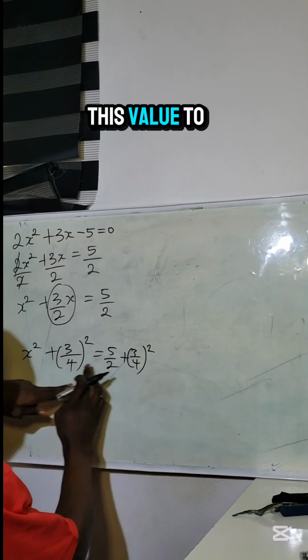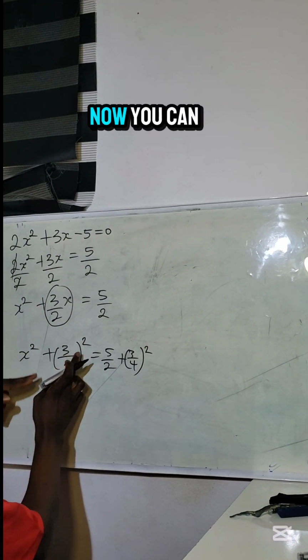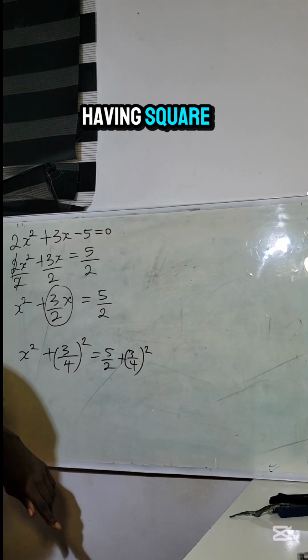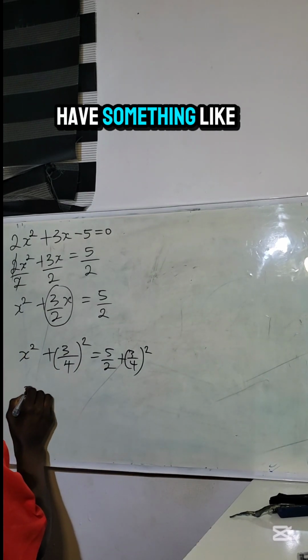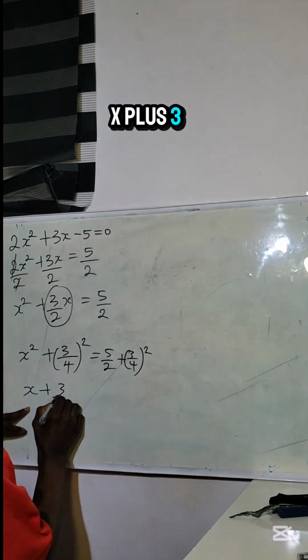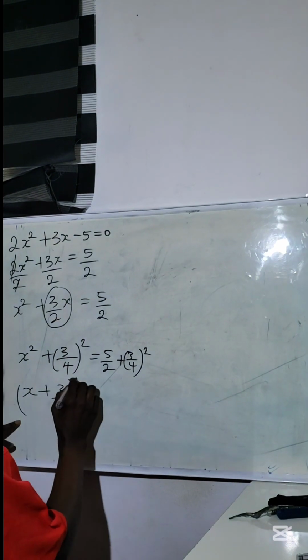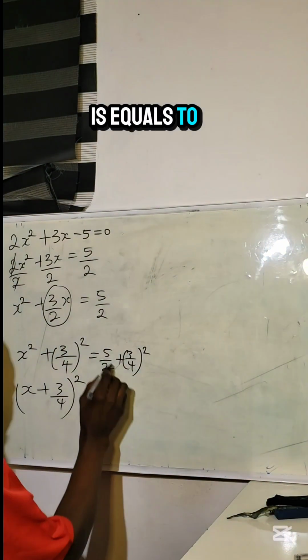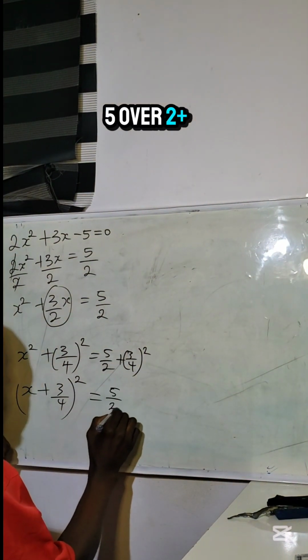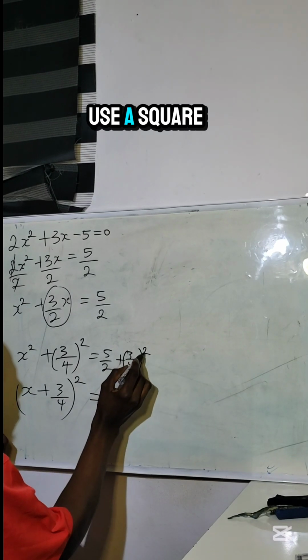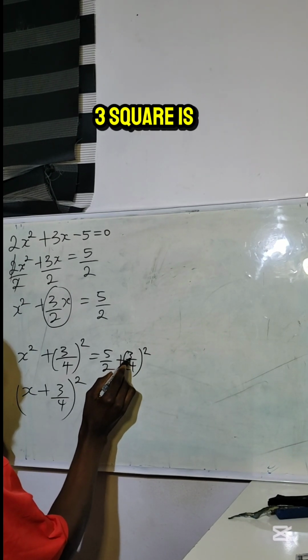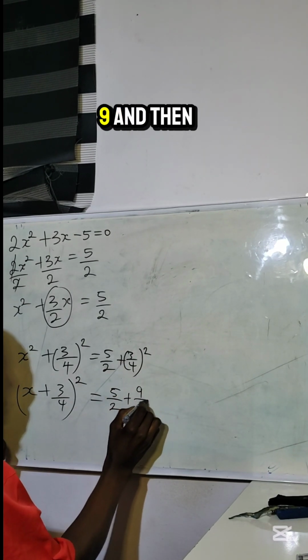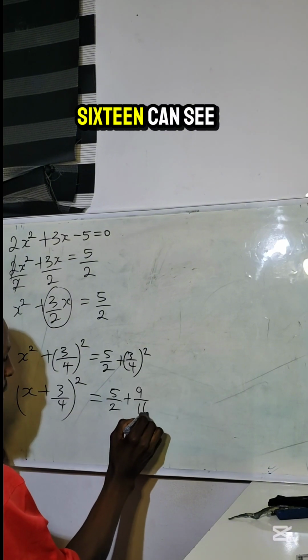So I've added this value to both sides. Now you can see that this and this are perfect squares, so I'm going to put them together. I'm going to have x plus 3 over 4, all squared, is equal to 5 over 2 plus, then I'll use the square to open this bracket. 3 squared is 9, and 4 squared is 16.